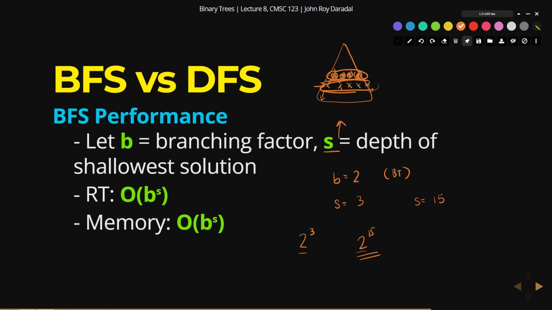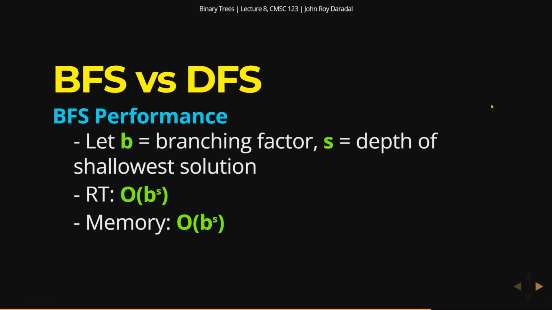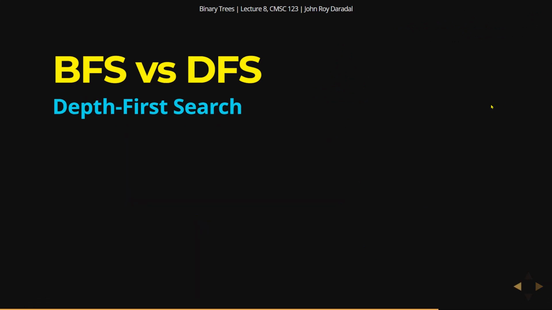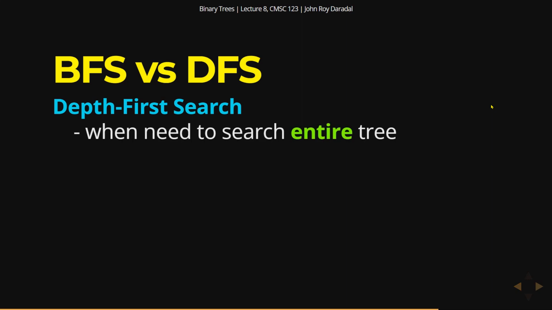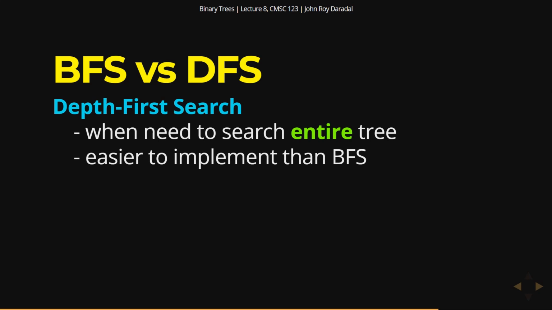Okay, now how about depth first search, or DFS? You use this when you actually need to search the entire tree. If you need to go through the whole thing, then just use depth first search, because maybe you'll get lucky and find it at the left part of the tree, so you can stop early.